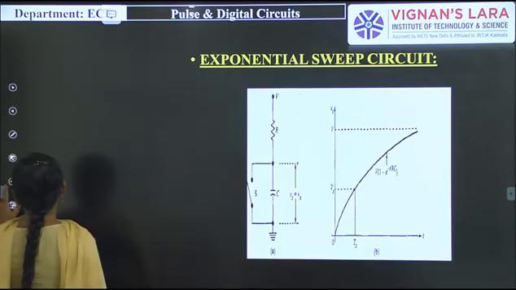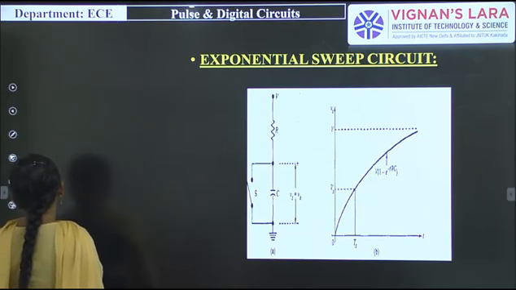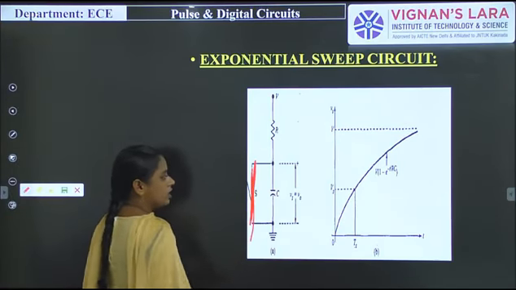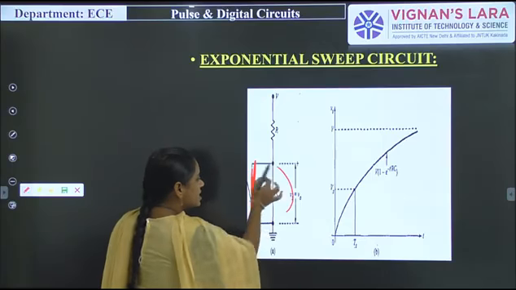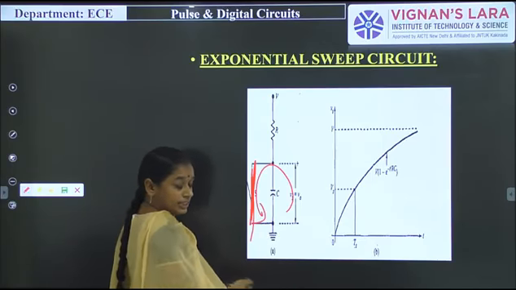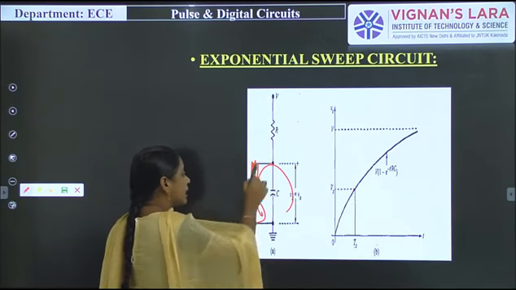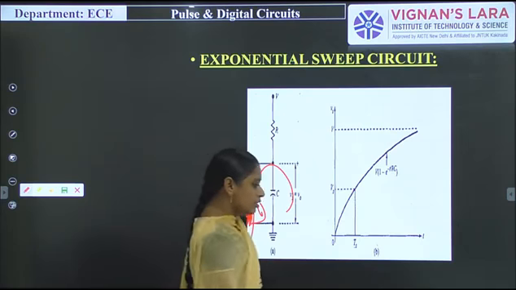And when the switch goes to the on condition, what happens? The capacitor starts discharging, because there is a path for the capacitor to discharge.